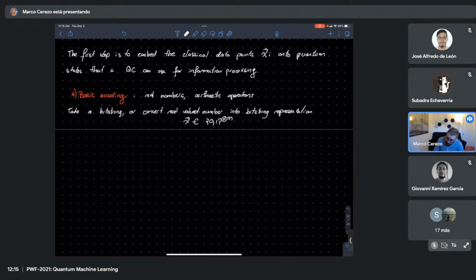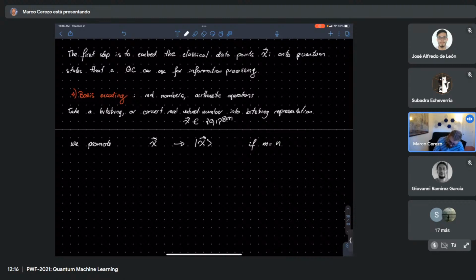So the goal here is that we promote the classical bit string into a quantum bit string. So for instance, if we have n qubits in our quantum computer, then this is pretty simple.